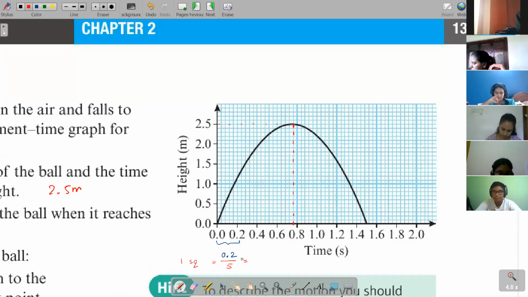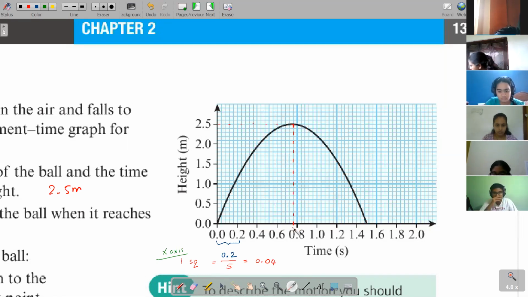0.04. So in the x-axis, one tiny square represents 0.04. Then what you have to do is go from 0.8, one small square back.